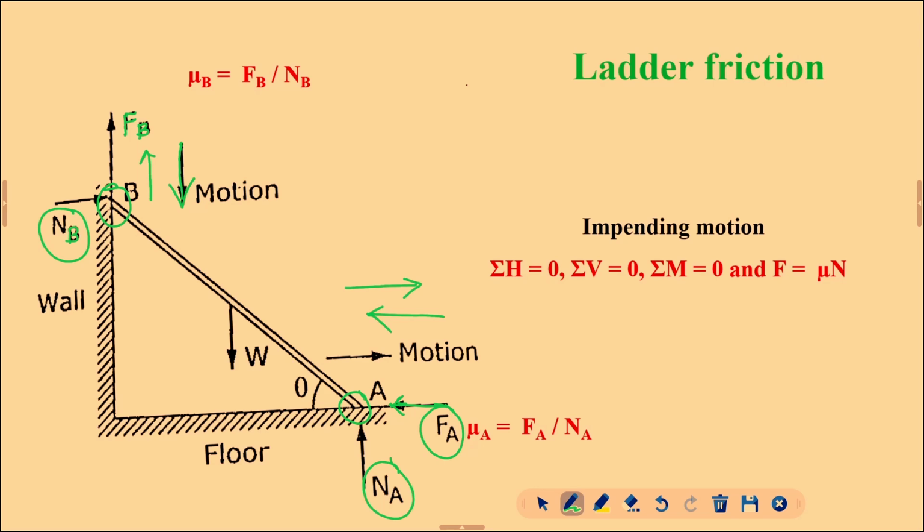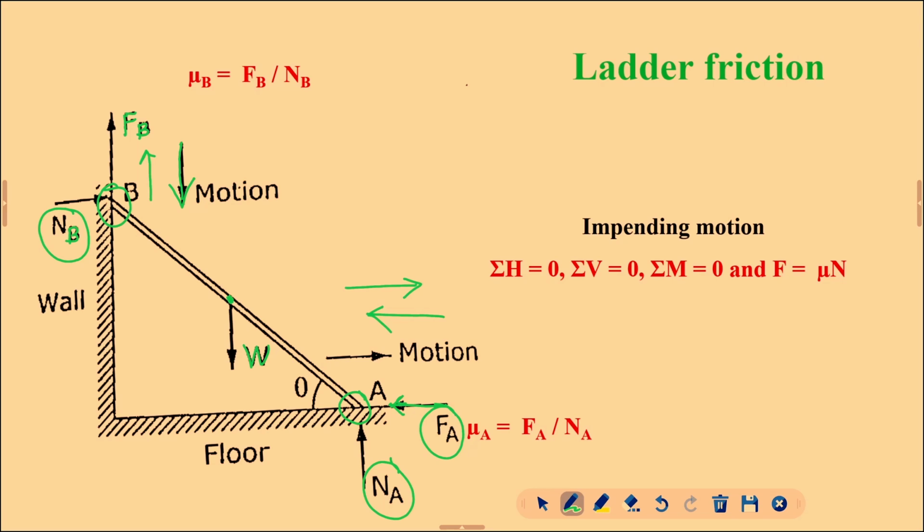So, you need to mark NA, FA, NB, FB. If a man is standing at the midpoint of the ladder, we need to consider that weight as well as the self weight of the ladder. Normally, at the bottom, FA and NA are there. At the top, FB and NB are there.